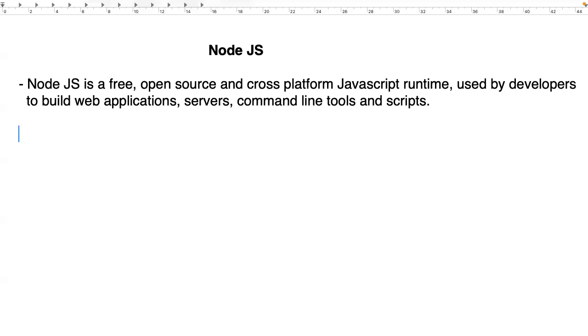So it is used by developers for building applications, web applications, servers, command line tools, and all. Actually, what is the purpose of a web application? We know it can run on HTTP and HTTPS. Yes, they can manage the request and process that request.